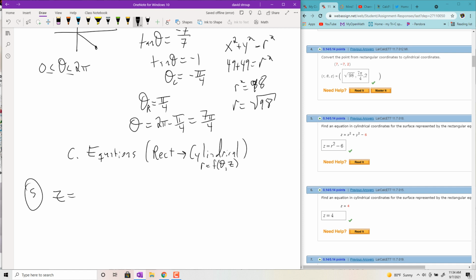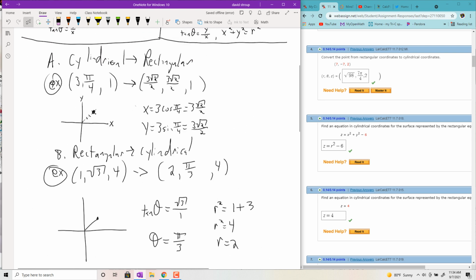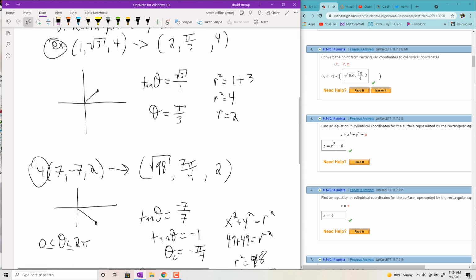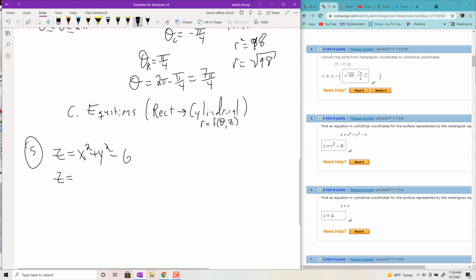So they give you an equation in rectangular form, and you want to convert it into cylindrical. The quickest way is just to get rid of the x and the y, and you could use your conversion formulas from up here to do that. In particular, x squared plus y squared is equal to r squared. So I can automatically replace the x squared plus y squared with r squared, minus 6.